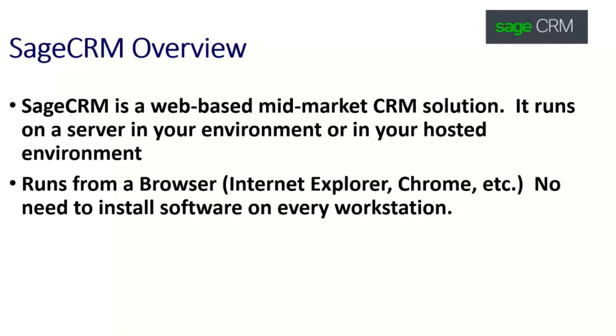Sage CRM itself runs through a browser, so it's web-based. As you see when we do the demos of the system, I'll actually pull it up in Chrome. That's typically the common solution that most of our customers use. But it does get installed in your environment. So that means wherever your Sage 100 server is installed, Sage CRM will either get installed on that server or on a server right next to it in your environment.